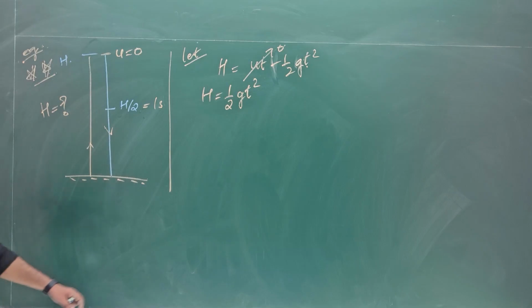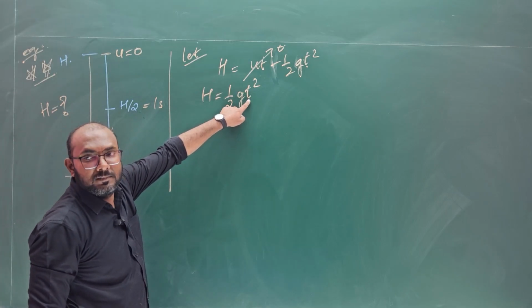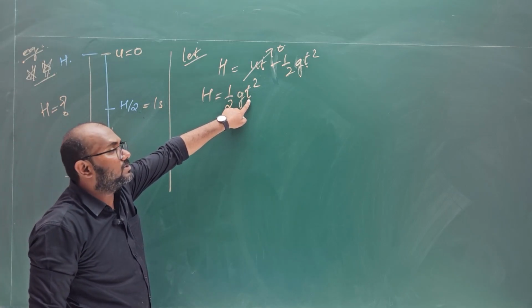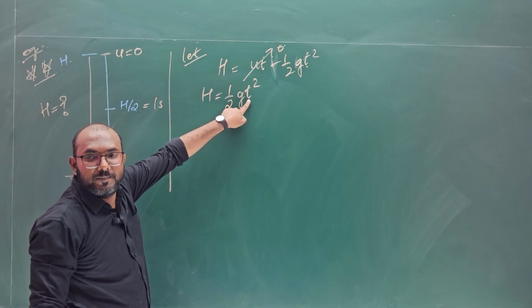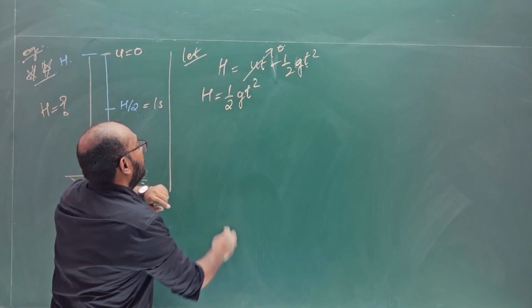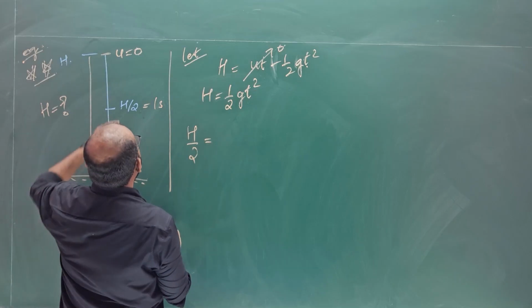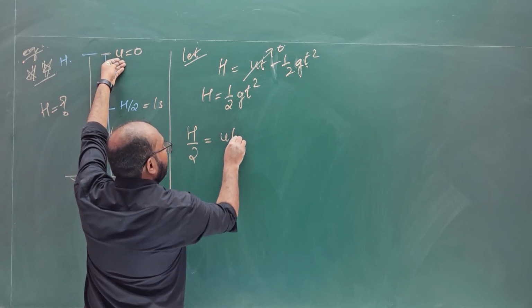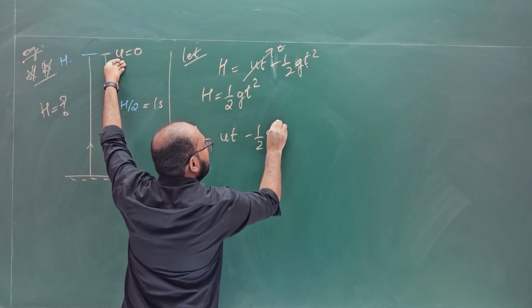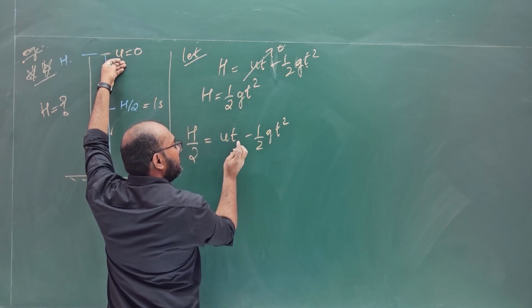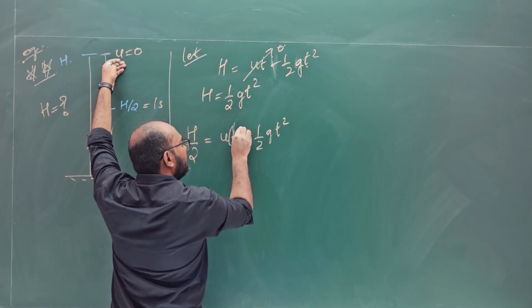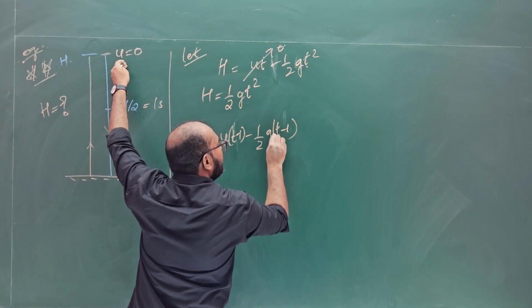In the next step, it says that it covered h by 2 distance in last 1 second. Last 1 second means, can I substitute by subtracting 1? So h by 2, again initial velocity is 0. Let me write for you. So half g t square, and this time should be written as t minus 1 square.